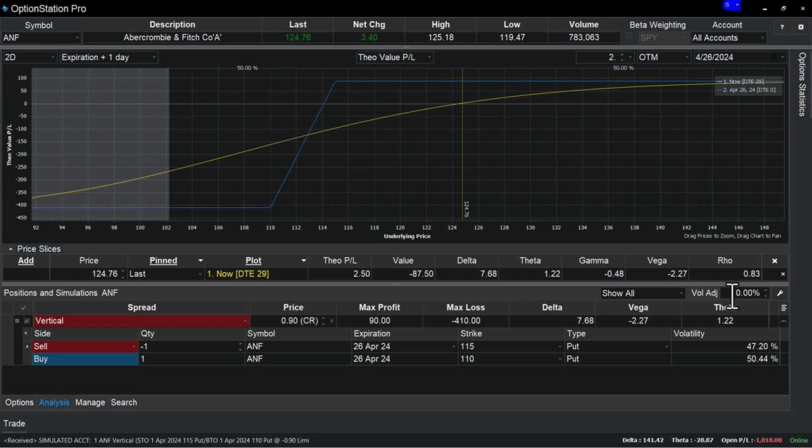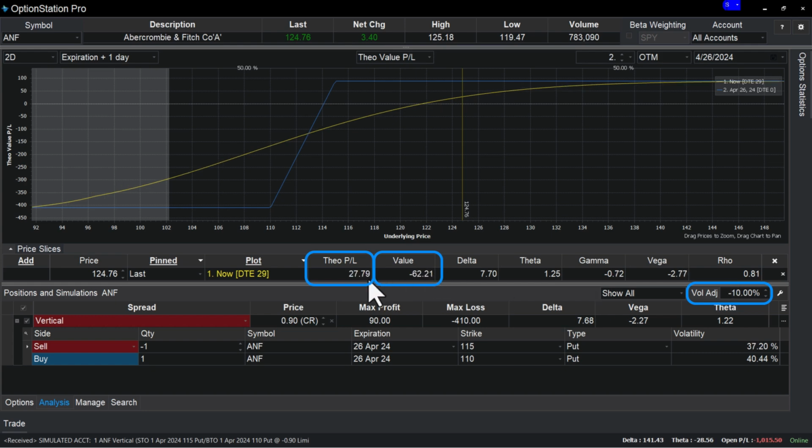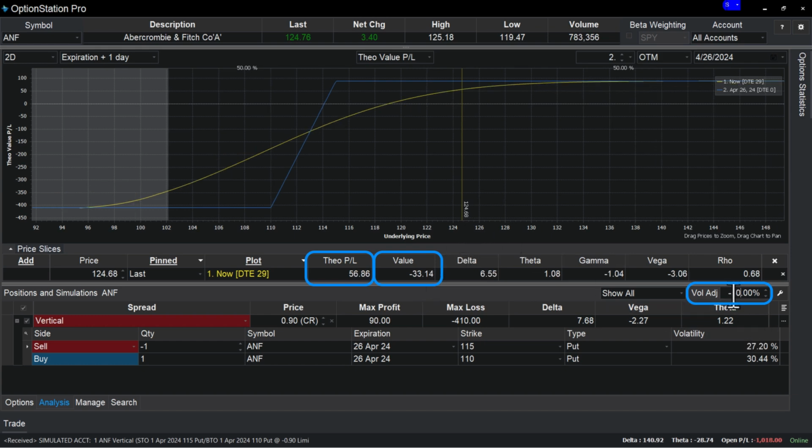With the underlying price remaining unchanged and applying a 5% volatility adjustment, the option's theoretical value increases to $143.30, reflecting a $14.05 change. Decreasing the implied volatility by 5% reduces the theoretical value to $113.27, a $15.98 drop from the original price.